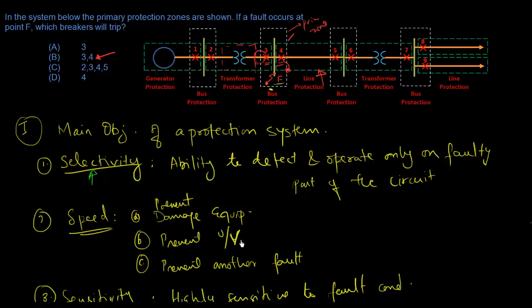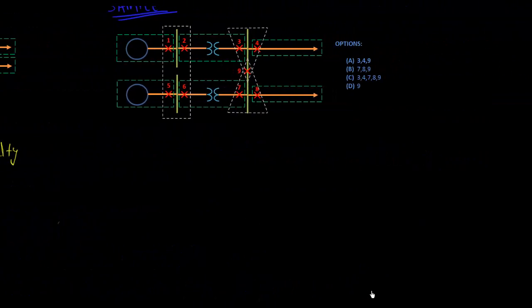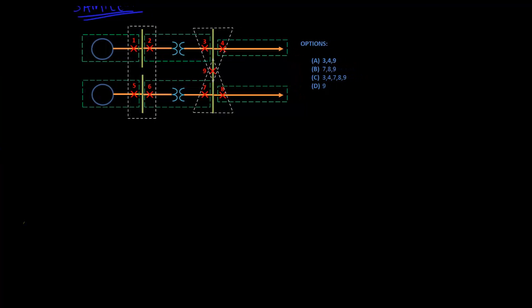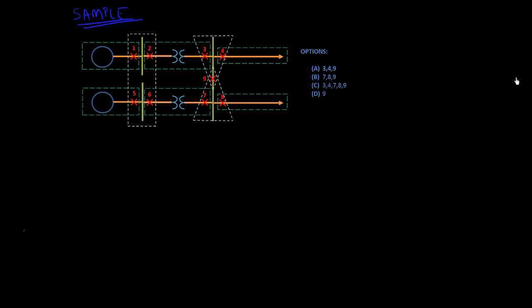I will give you a sample question as well. Let me show you something here. I've already drawn this one out. In this case we have two parallel generators. There is no tiebreaker here, but there's a tiebreaker here at the secondary of the transformers.